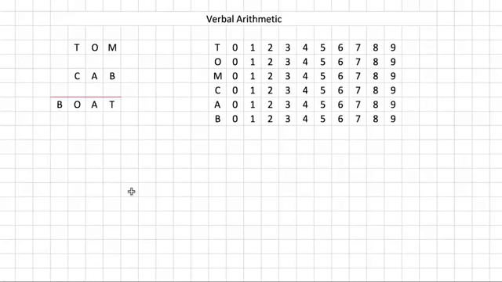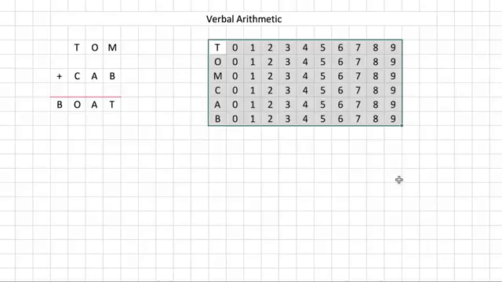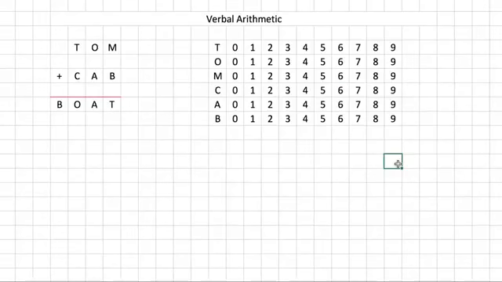So this is like a basic example. Here we have this question: TOM plus CAB is equal to BOAT. So how I started these questions is like I create a matrix like this, and I just tend to eliminate the values which cannot be the value of that particular letter. So if T cannot have 9, then I'll remove 9 from the matrix.